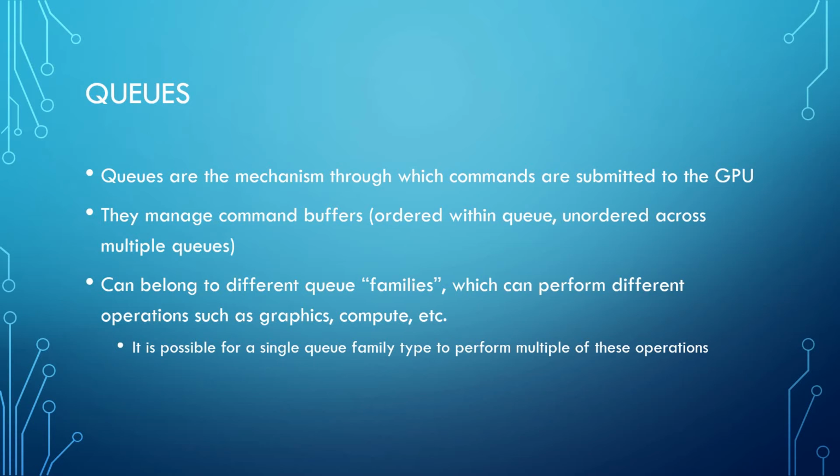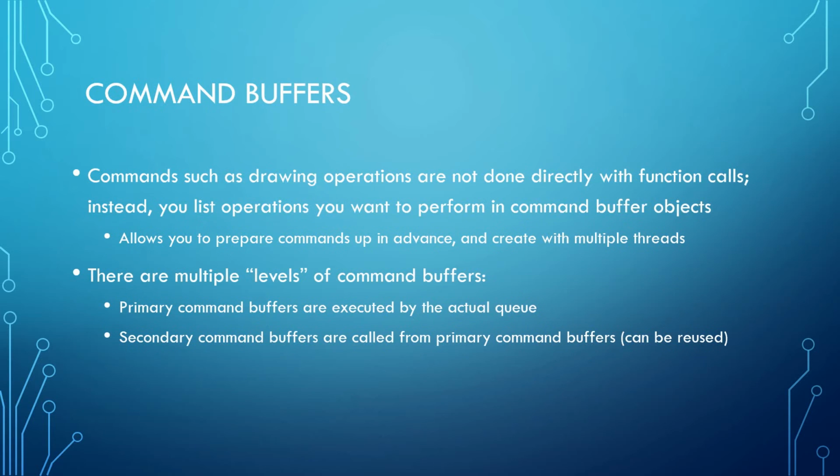So, for instance, a single queue family can handle both graphics and compute, and passing along raw data to the GPU, and then maybe not do some other operations. I guess if you have more general purpose hardware, then it will be able to do more of these at one time. So what are these command buffers I keep talking about?